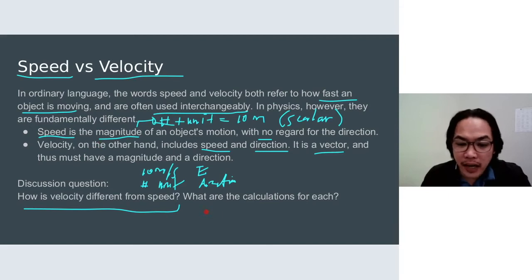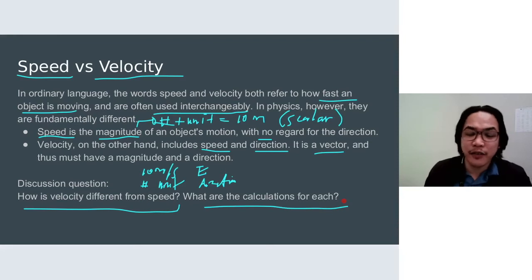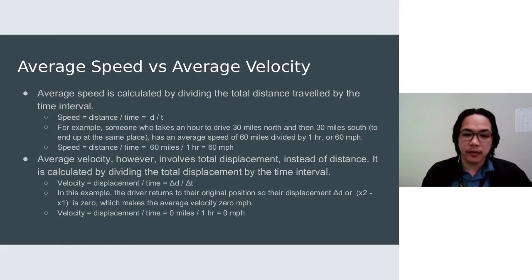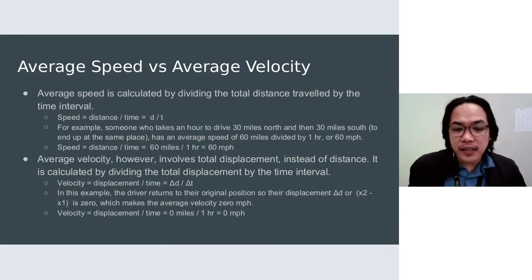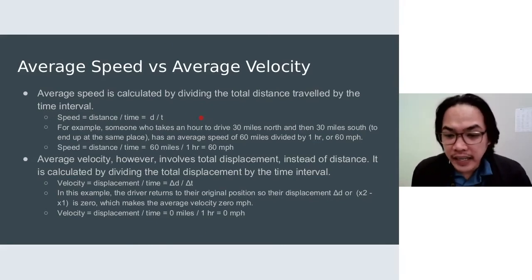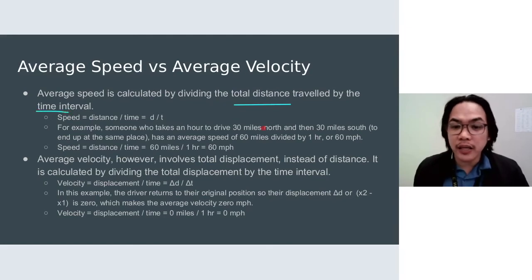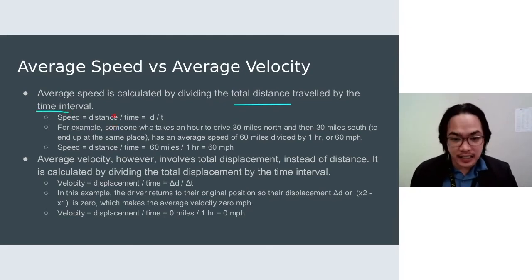And aside from that, even for their calculations, they use different quantities. Of course, average speed is calculated by dividing the total distance traveled by the time interval. Meaning in speed, we use distance. So speed equals distance over time, or d over t.